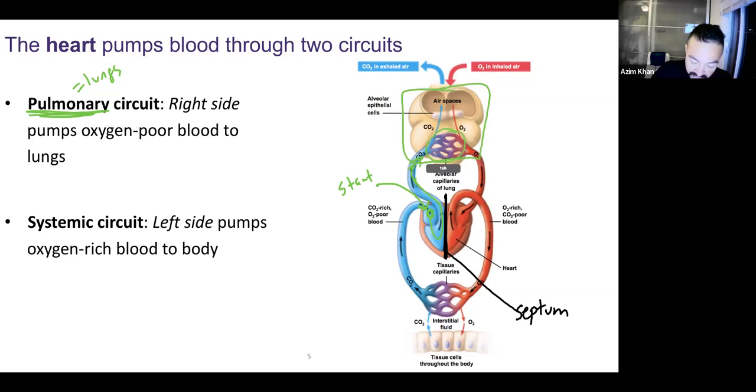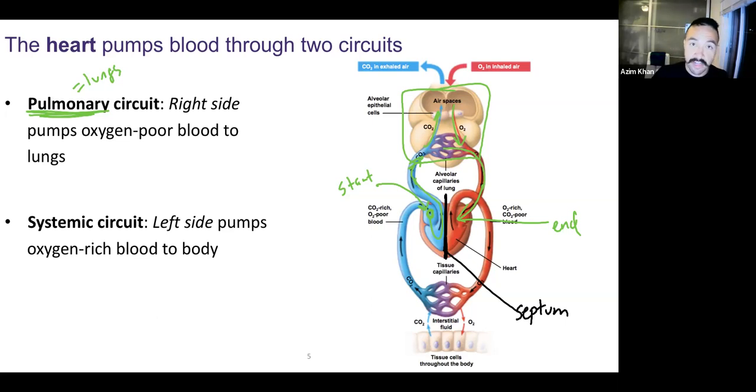We exchange gases. We're getting rid of carbon dioxide, bringing in oxygen. And then we're bringing that oxygen-rich blood to the left side of the heart. That would be the pulmonary circuit. You start with oxygen-poor blood, go to the lungs, bring in oxygen to the blood. It binds to hemoglobin inside of erythrocytes.